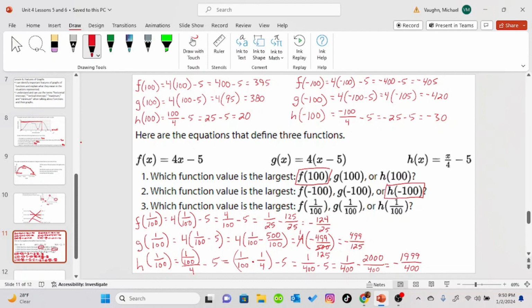Now, if we are comparing these, f of 1 over 100 is just under negative 5. So that's approximately negative 5. Negative 499 over 25 is approximately negative 20.